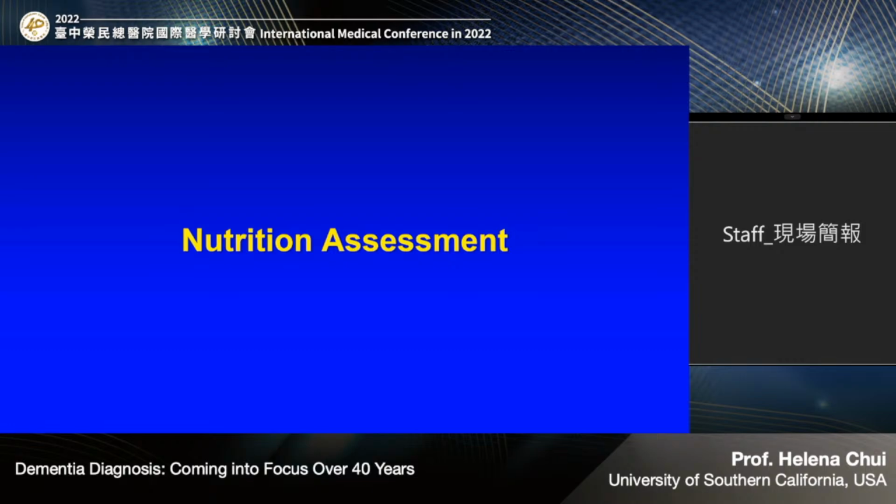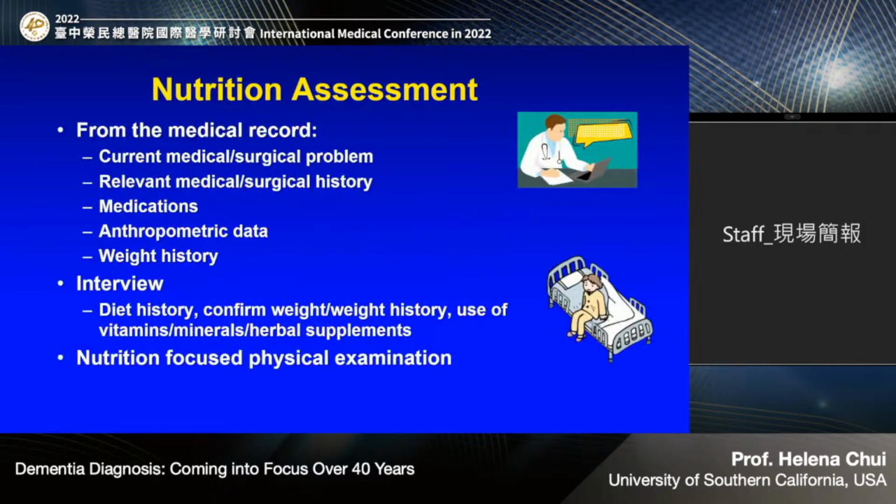So now let's talk about nutrition assessment. You've screened your patient, they're at risk, now they need that comprehensive nutrition assessment. So when you're doing your nutrition assessment, you're going to glean information from the medical record. So you're going to look at the current medical or surgical problem, relevant medical or surgical history, medications, anthropometric data, and the weight history, because we really want to look at unintentional weight loss.